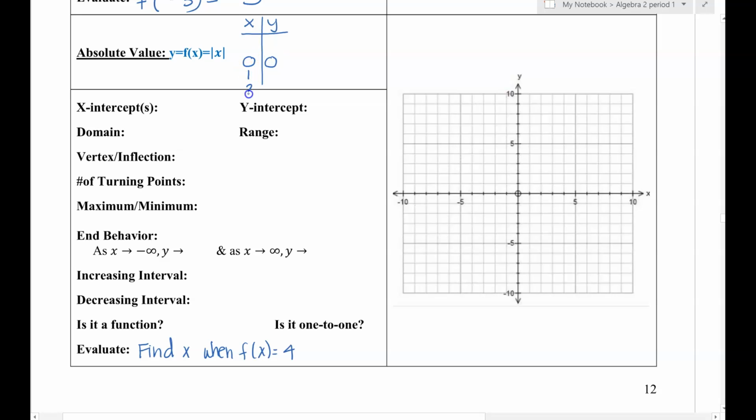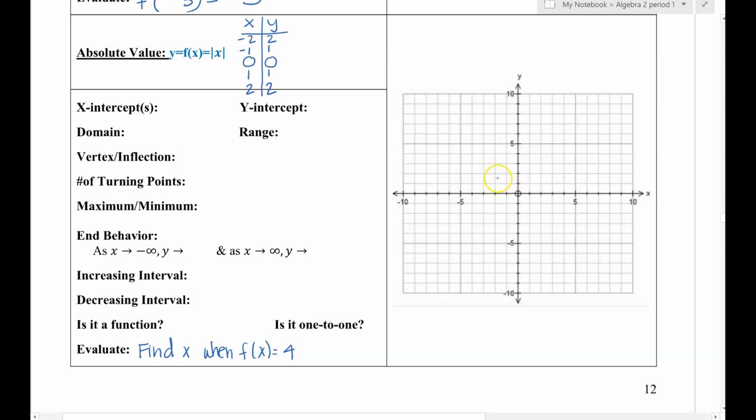Then we want to pick a couple of values to the right and a few values to the left of that. An absolute value of negative 2 is positive 2, and an absolute value of negative 1 is positive 1, and an absolute value of 1 is 1 and 2. We have enough values. Let's plot it out.